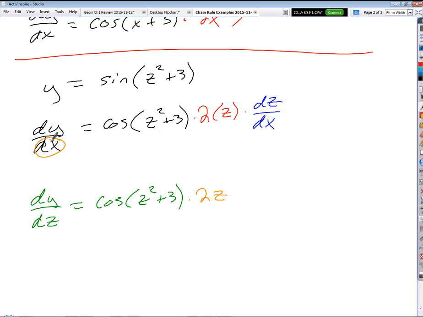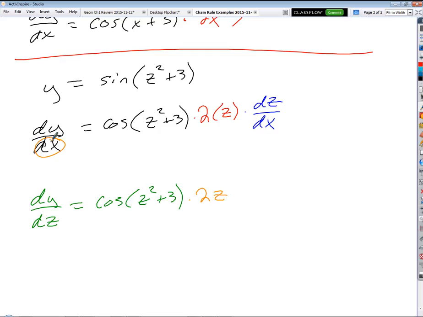In this guy right here, if I'm just trying to find the rate of change of y with respect to z, I really only need 2 layers, right? I've got the sine of something that I'm going to have to differentiate, so the rate of change of sine of something is cosine of something, right?